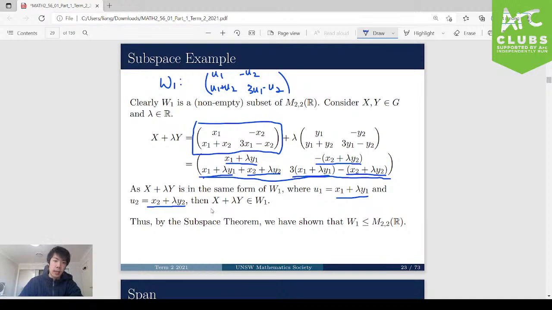And so then we can claim that x plus lambda y is also an element within the group, or like within the space W here, or within the set W here, okay? And so we have proved that linear combination of any two elements within G is still closed under W. And so by the subspace theorem, we have shown that W is a subspace of the 2x2 matrices with real entries.